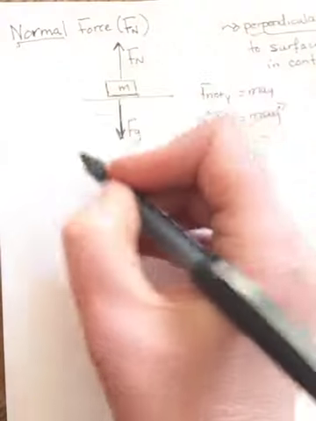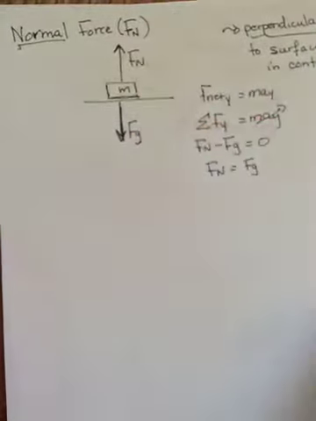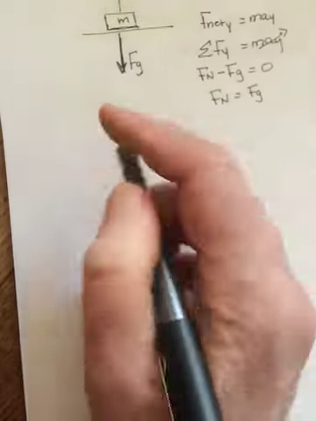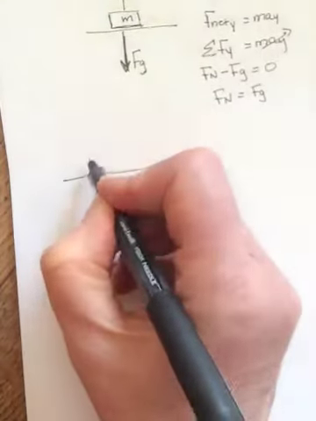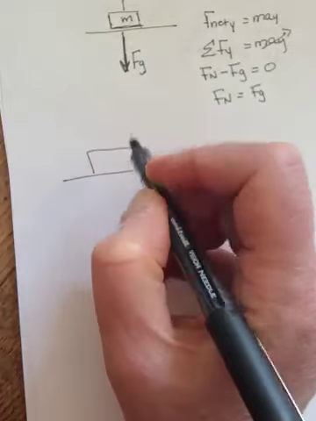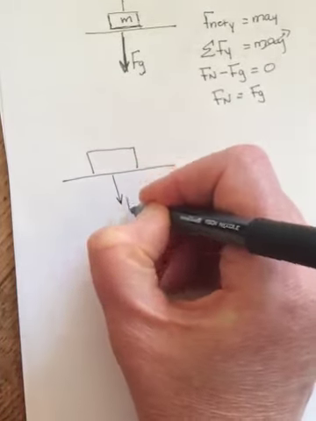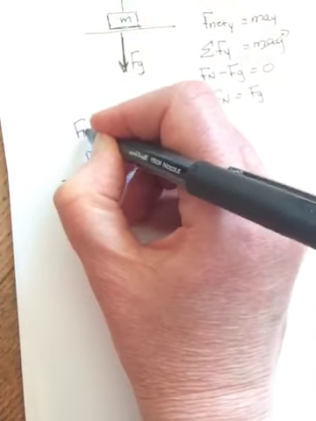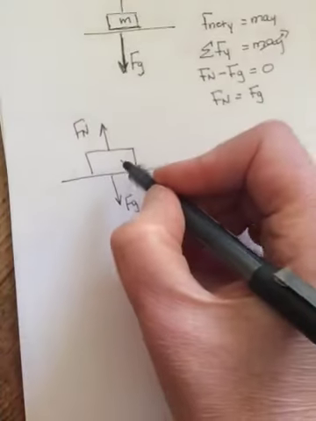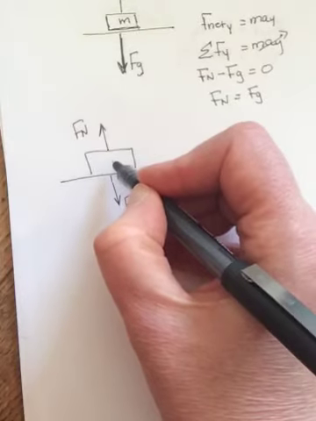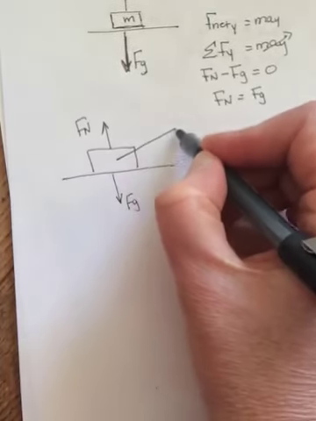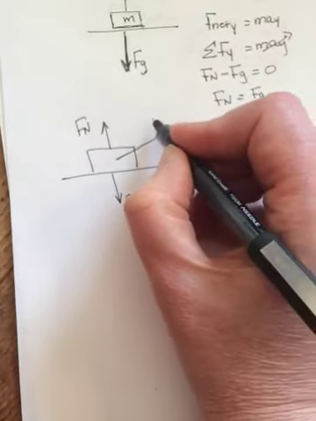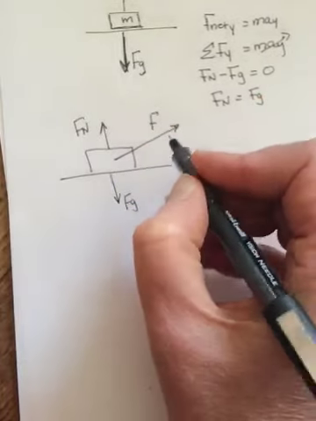But that is not always the case. It is in this particular situation, but imagine that you have that box again sitting on the surface with the Fg acting down and the Fn acting up. But imagine now you want to move the box across the floor and you want to do it as easily as possible, so you tie a string around the box and you pull upward at an angle on the string.